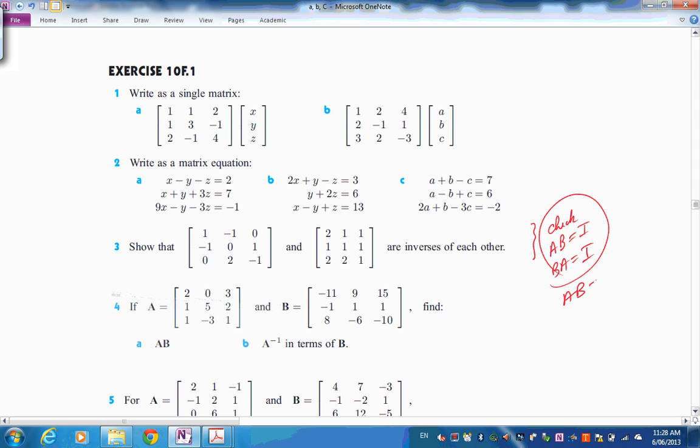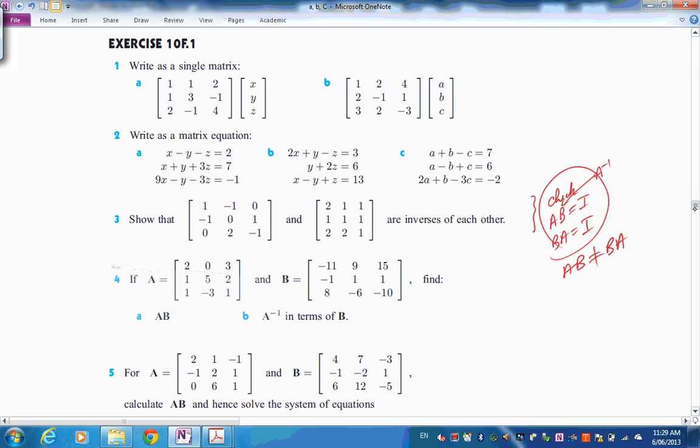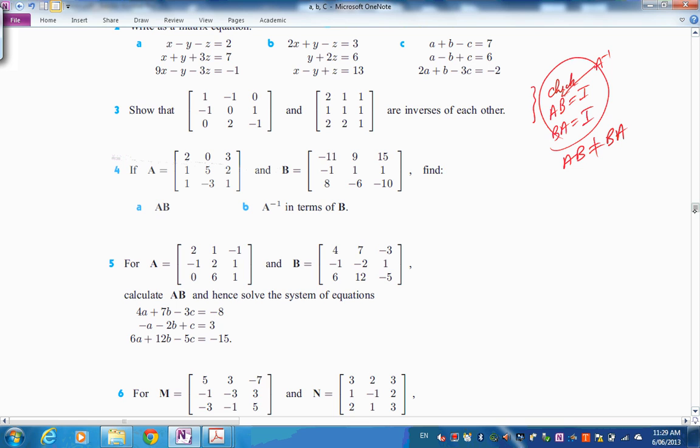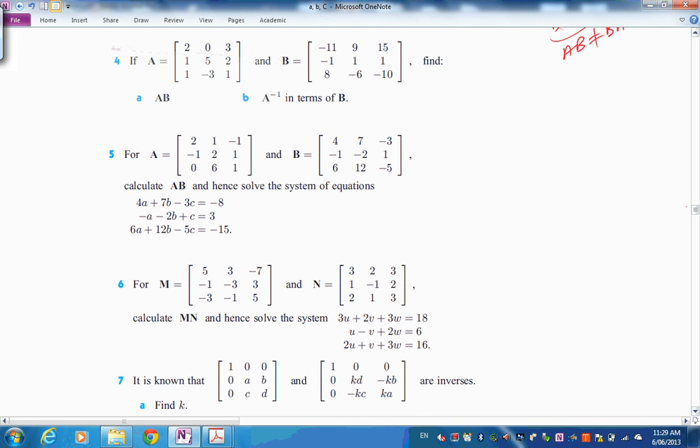Generally, AB in matrix land is not equal to BA. But when you've got that special matrix, which is the inverse, if that is the inverse there, then it does work both ways around. So check that in question 3. Okay, as we come down here, let's have a look at some more here. 5 and 6 then.